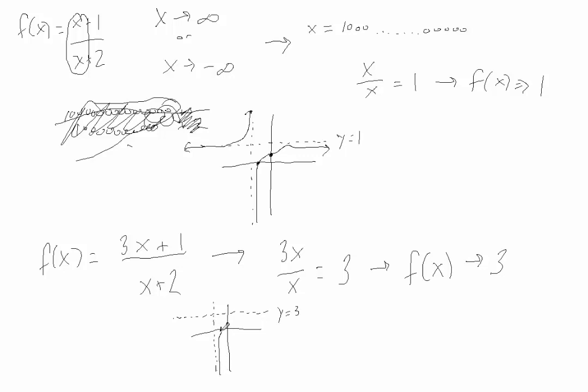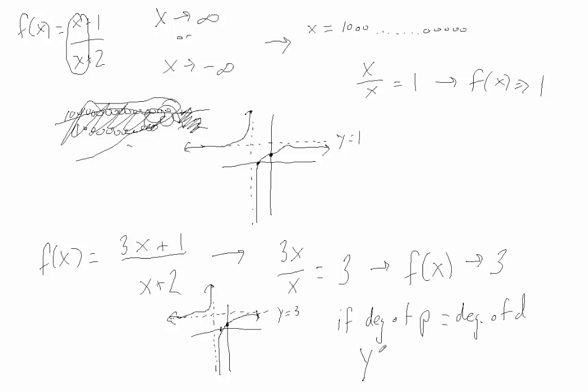So the graph looks something like this. And again, you can see as x gets very, very large or very, very small, it tends toward a value of y equals 3.